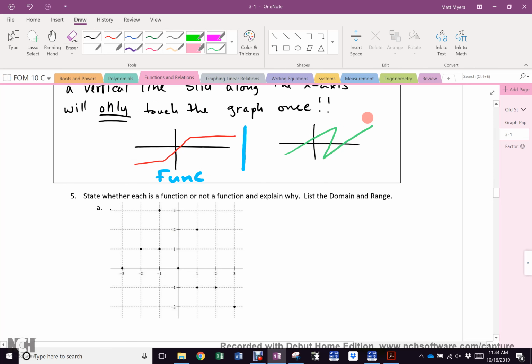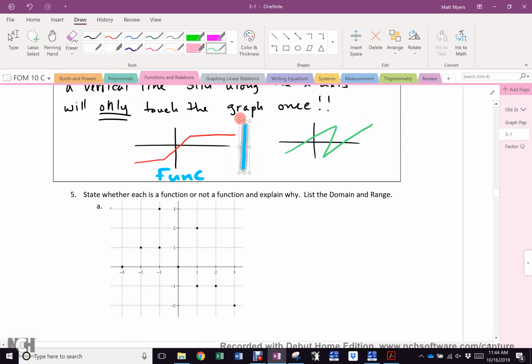And I'm going to take my same vertical line and slide it along there. How many times does it hit the green line? Once. Function. What happens there? It hits it 3 times. So at that x value, how many y values are there? 1, 2, 3. So is that a function? No, that is a relation.